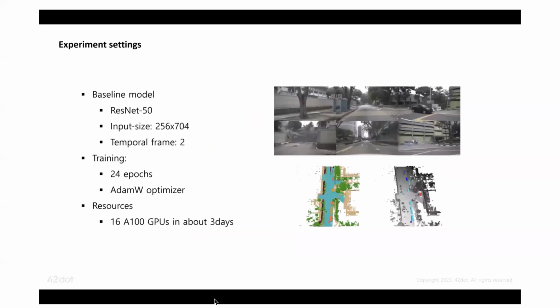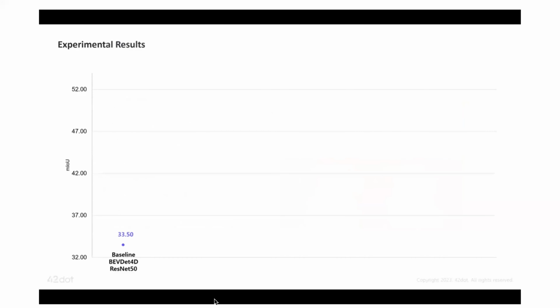For our experiment, we use ResNet-50 as our baseline and train for 24 epochs. We use 16 A100 GPUs to train our model in about 3 days. Here are our experiment results. The baseline model achieved 33.5% mIoU.